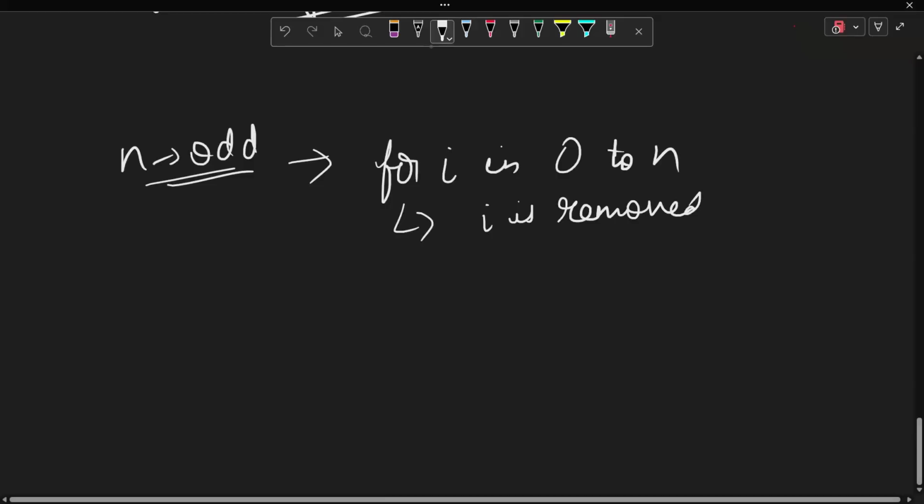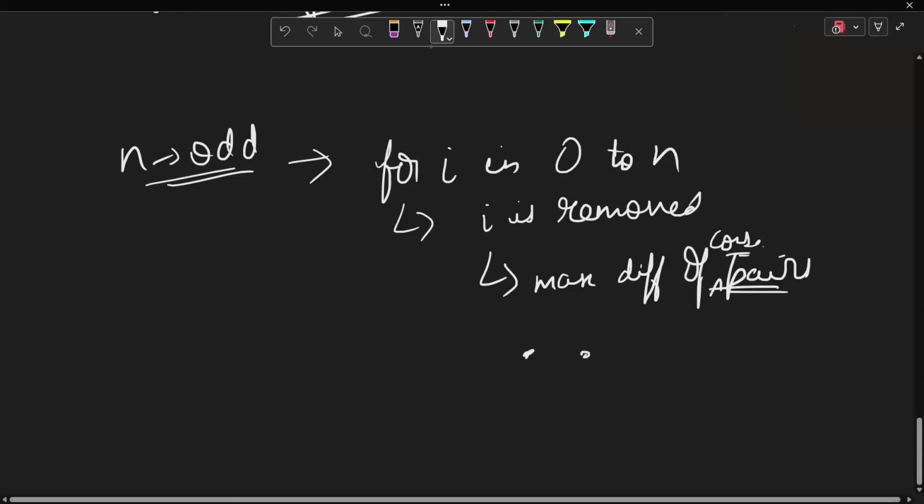And for the remaining, just compute the maximum difference of the consecutive pairs. Whatever elements are left with you after removing the ith element, just take these two consecutive elements, take the maximum among their difference. That would be your k.